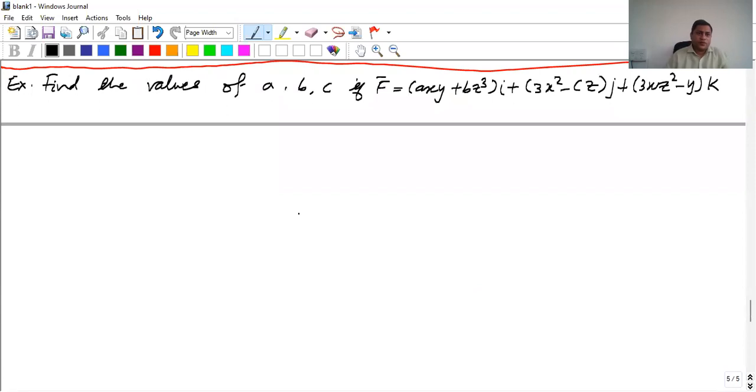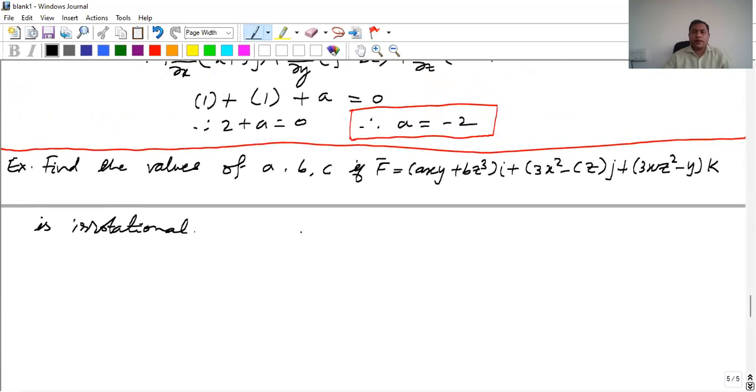So we are given that this vector is going to be irrotational, and then we want to find the values of A, B, C. So what is meant by irrotational?